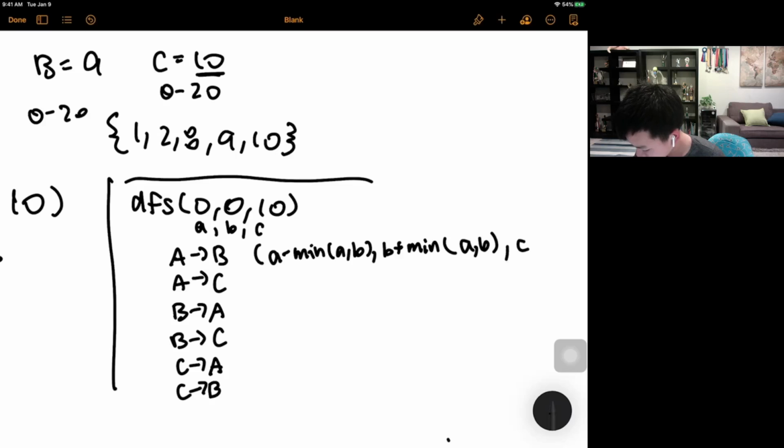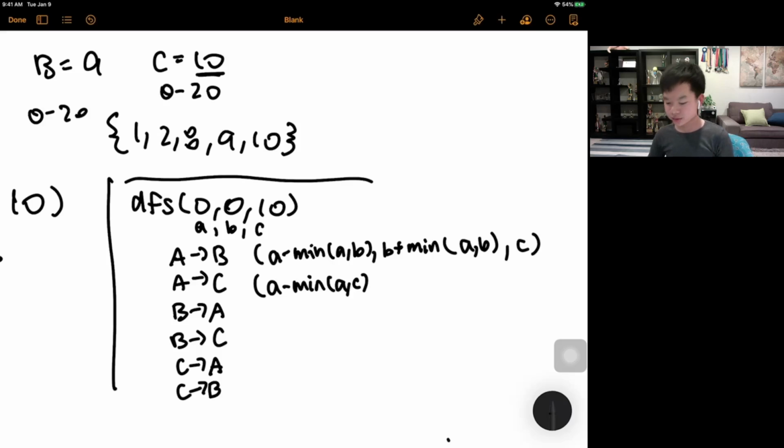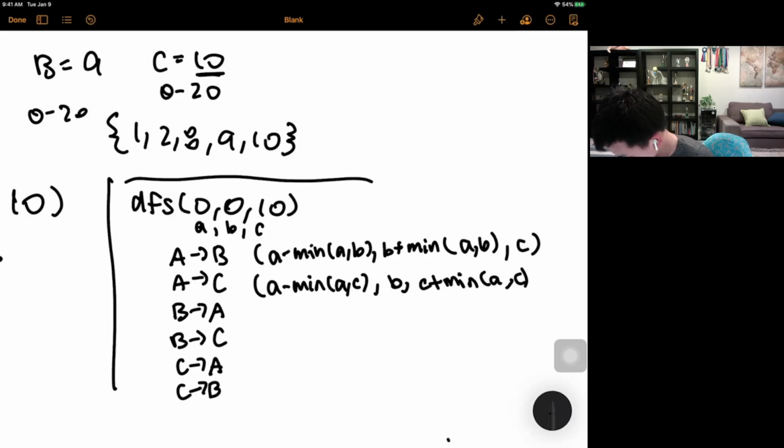And c would be the same. Again, over here, your a would be minus min a, c, since this is the amount you're going to pour. And b would stay the same, and then it would be c plus min a, c. And this would be similar for the rest of these cases.